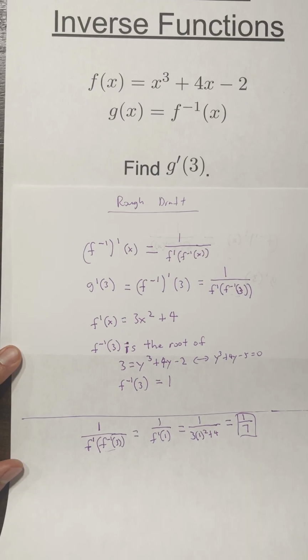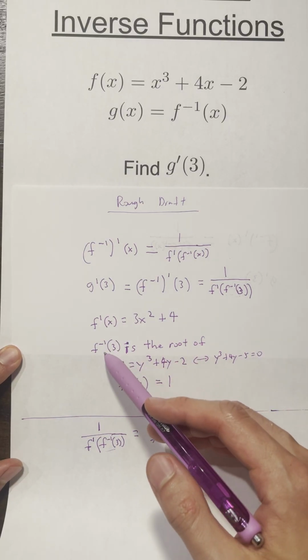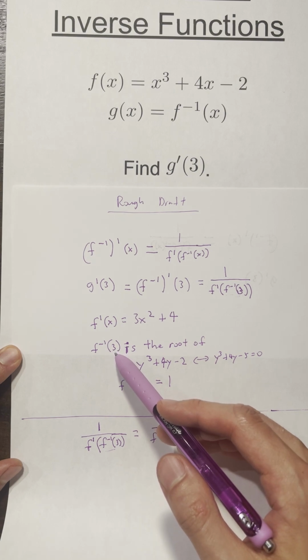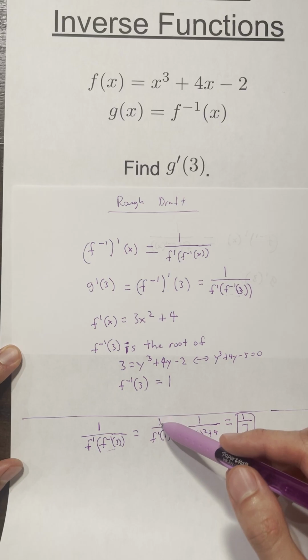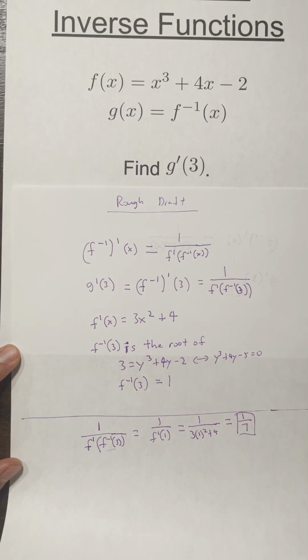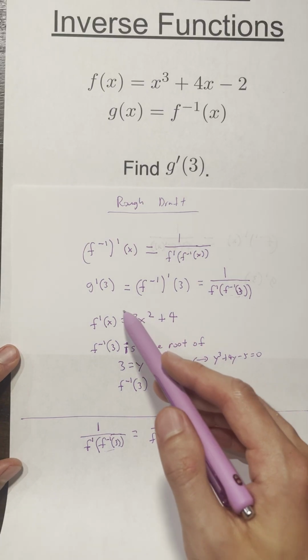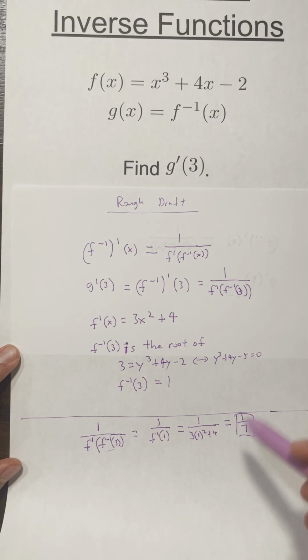So basically, we needed to find f prime of x and f inverse of 3 before plugging it into the formula. So we'll just say this: we find these things first and we plug them into the formula and that'll give us our answer.